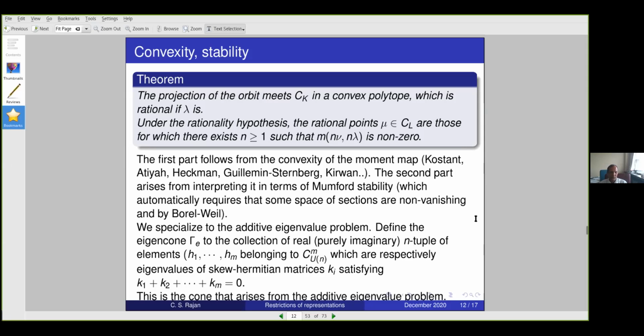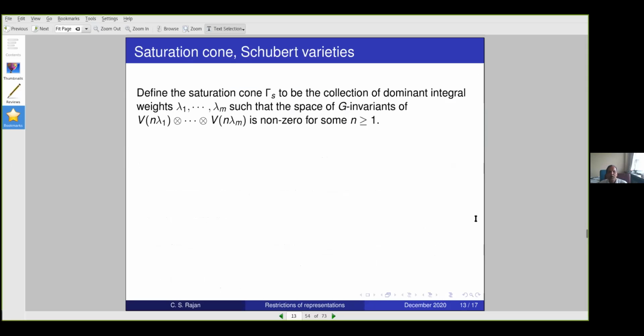So you look at Hermitian or skew-Hermitian matrices such that the sum is 0, and you look at their corresponding diagonal entries or eigenvalues, and you would like to describe this cone. This is the eigencone. And what happens is you can define the saturation cone.